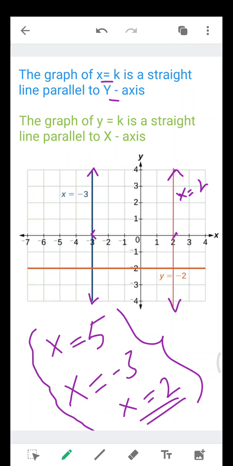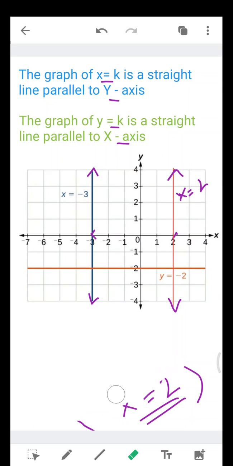Similarly, the graph of y equals k. x equals k is parallel to the y-axis, so y equals k will be parallel to the x-axis. If the equation is of the form y equals k, then it will be parallel to the x-axis, opposite there.